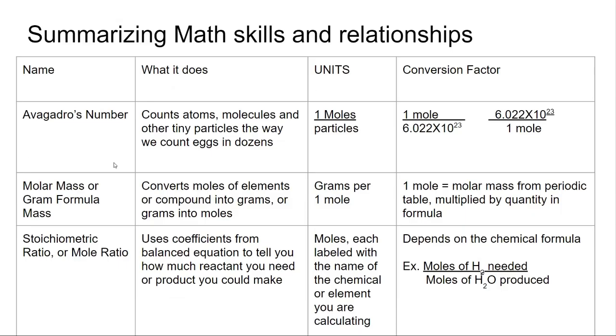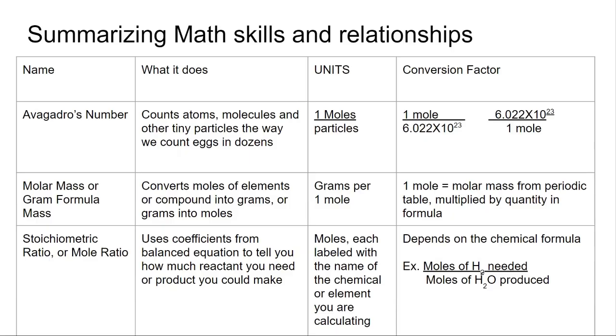Okay, now this little handy table is for as we move through all the rest of the slideshows, what do you do with each thing that we have learned about? So this is what each of these terms does. This is what units it has on it, and this is the conversion factor it produces. Now, this is the kind of thing that you should be doing when you're doing your understanding in your application.